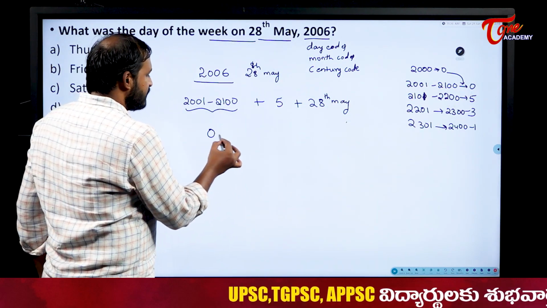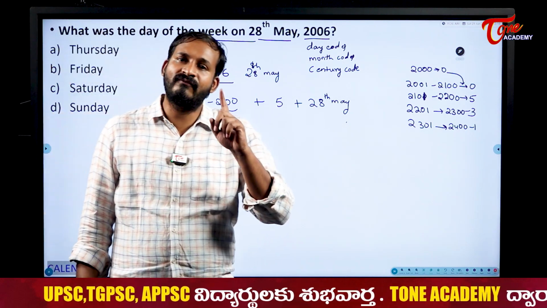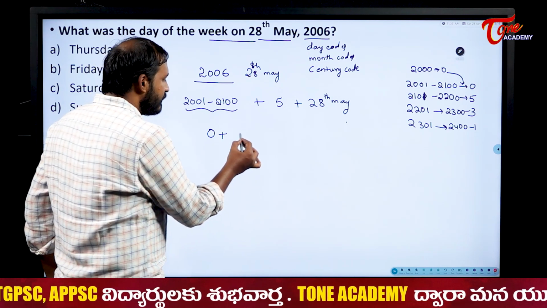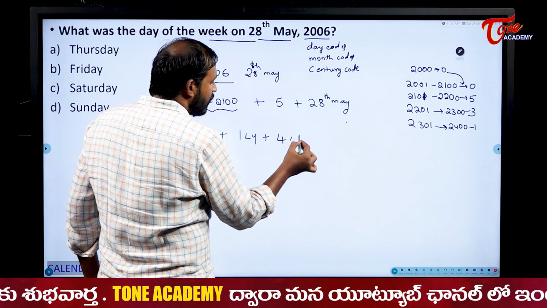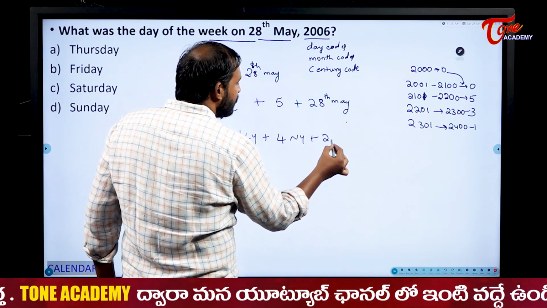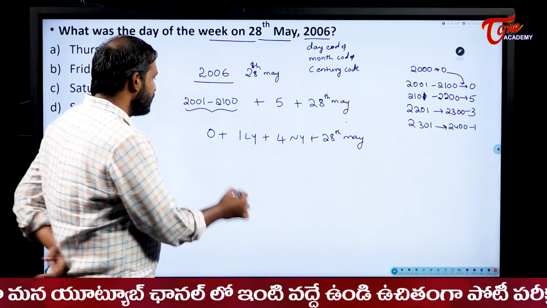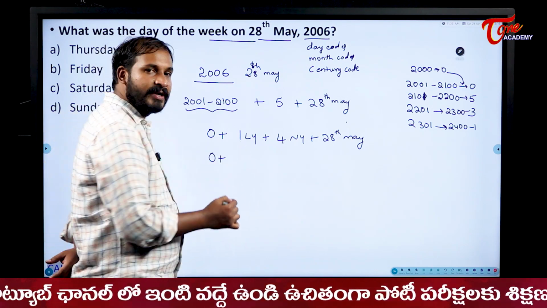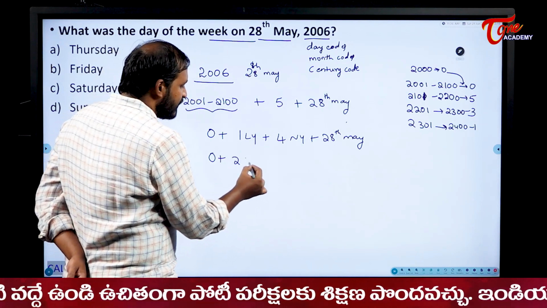0 plus 5 years. In 5 years, how many leap years will we have? Only 1 leap year. Out of 5, if 1 is a leap year, we will have 4 normal years, plus 28th of May. For 1 leap year, how many odd days? 2 odd days. Plus 4 normal years.